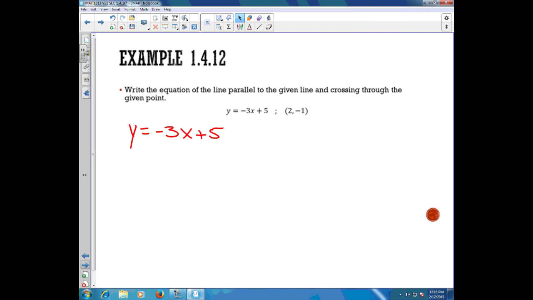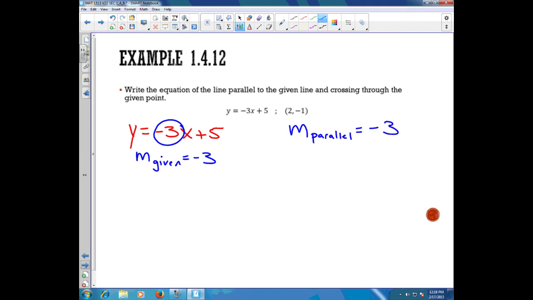The slope of our given line is the coefficient of x, so the slope of our given line is just -3. If we want to find the equation of the line parallel, we're just going to use the same slope. Parallel lines have the same slope. And so the slope we're going to use is going to be -3.